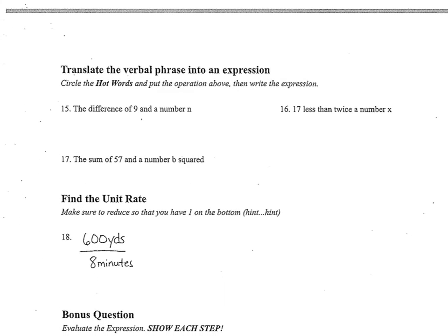Okay. Next section says circle the hot words and put the operation above. Then write the expression. So the difference of 9 and a number n. So who would the hot word be here? Circle it. Okay, and then put what operation.